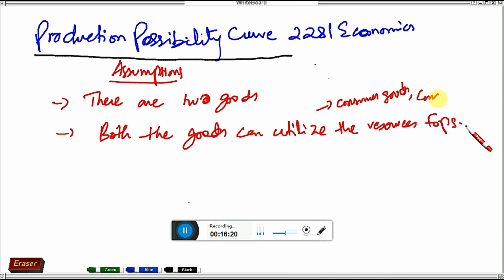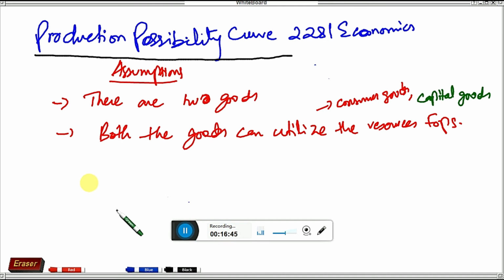Those resources which are producing the consumer goods are not necessarily good in producing the capital goods. A worker who is a good mechanic or a good technician of something would not be a good technician or mechanic in another thing. Maybe a dentist who is good at oral surgery might not be good at any other thing. So it is not mandatory in that case. So you have to think on your own.